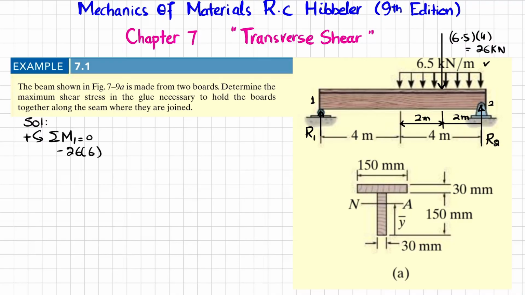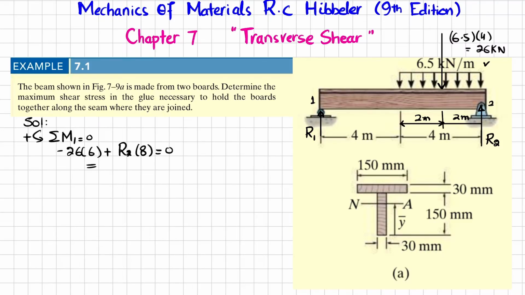The second moment about point 1 is from this load R2, and the perpendicular distance is 8 meter, and this is producing a counterclockwise moment, so it will be positive. So I will write R2 multiplied by 8 is equal to 0.